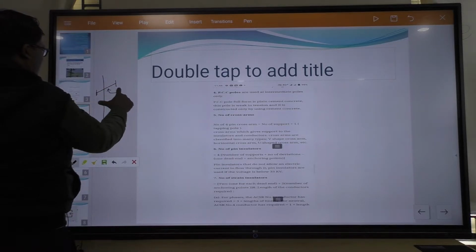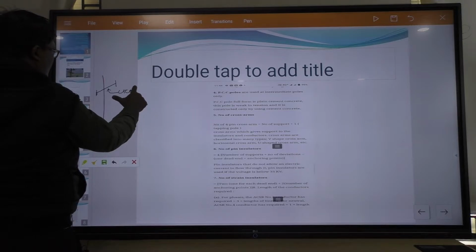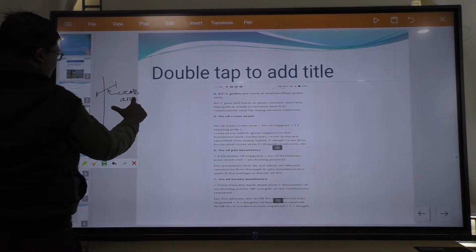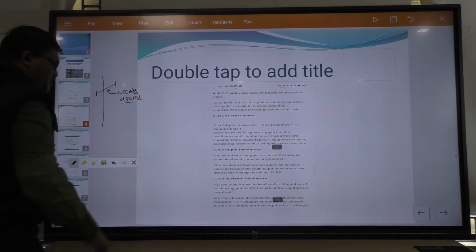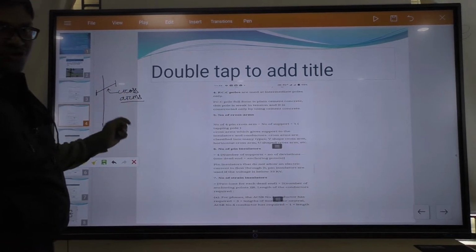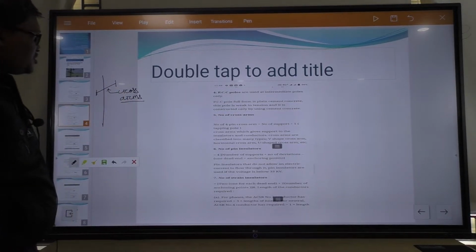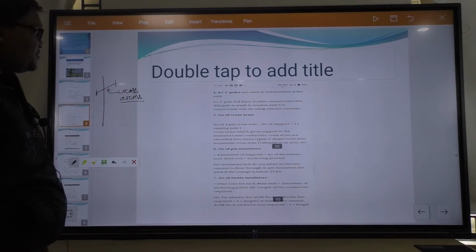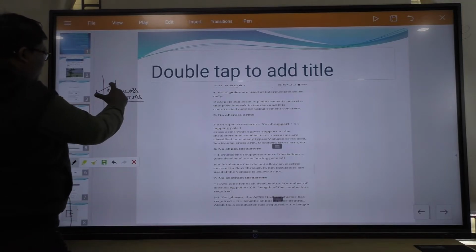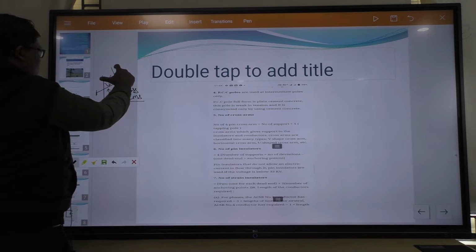These cross arms are used to support the conductor. These cross arms may be V shaped, U shaped, or horizontal. This is a horizontal structure.